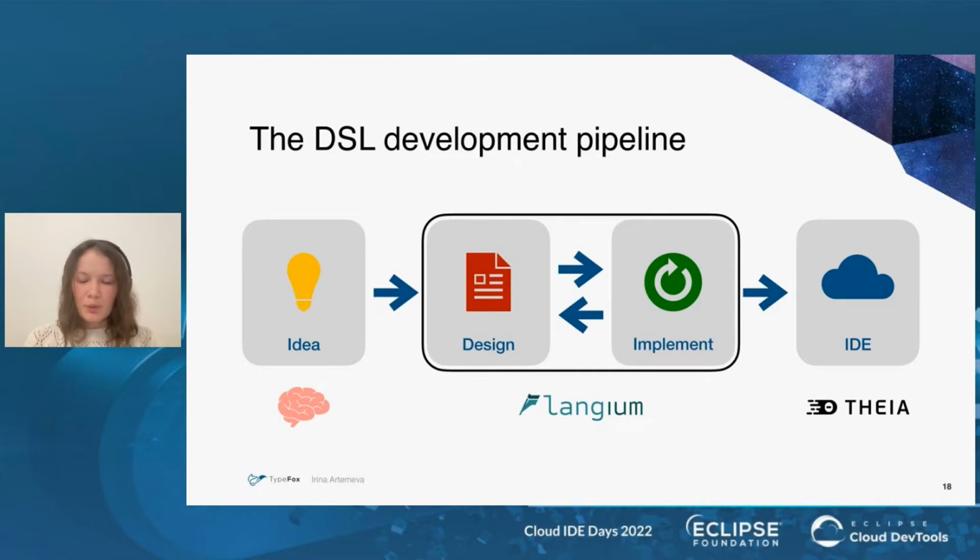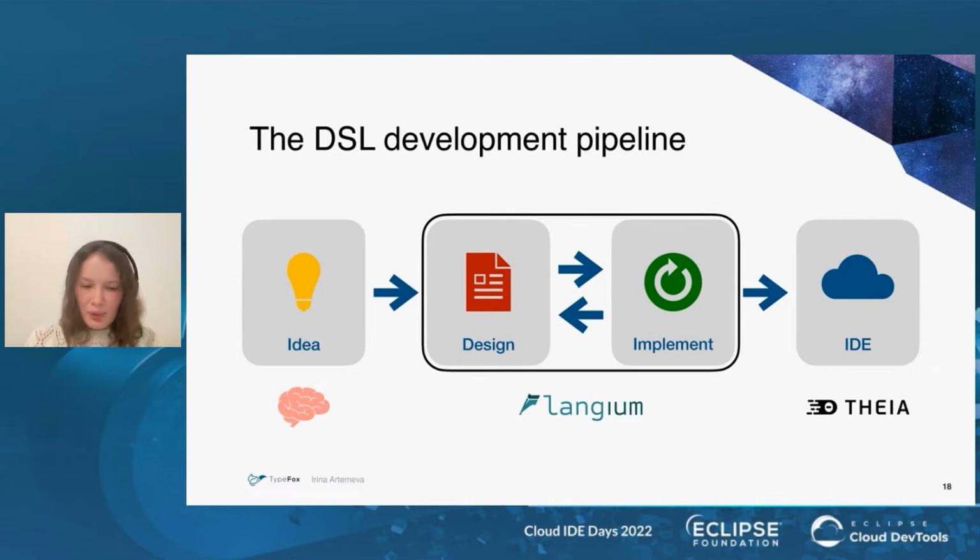Write the first partial prototype and iterate until you are satisfied with the syntax. Another advantage, you can have a ready DSL at any moment in your IDE, as in each of these iterations you can work on it in the IDE.